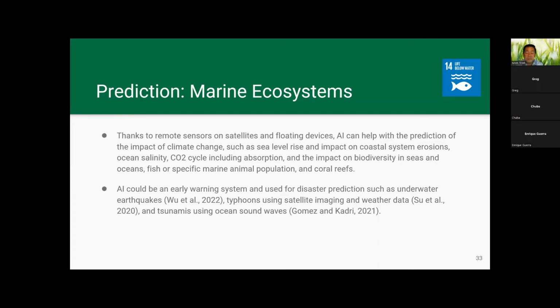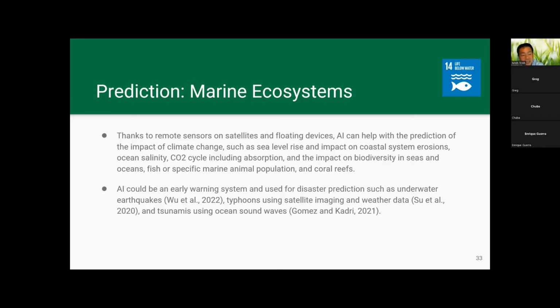For marine ecosystems, thanks to remote sensing on satellites or on floating devices, AI can help the prediction of the impact of climate change, sea level rise, and impact on coastal system erosion.